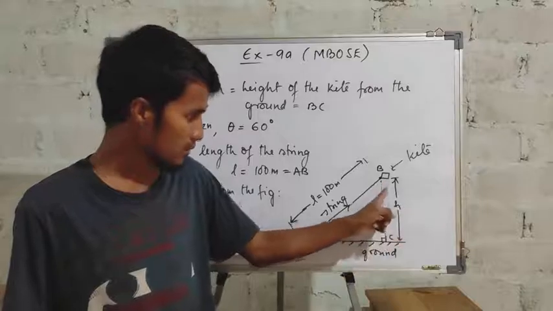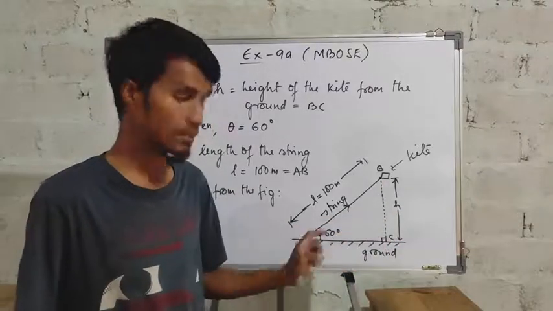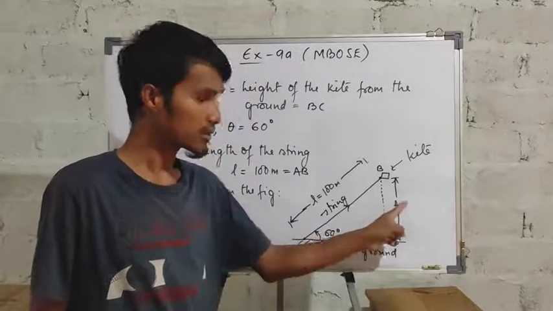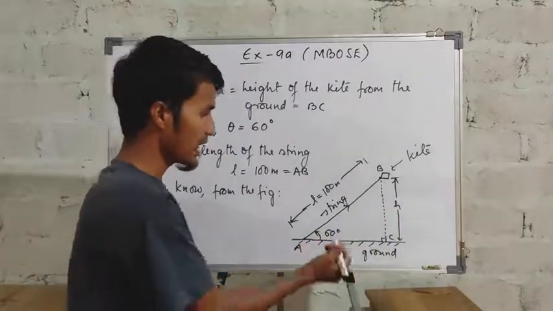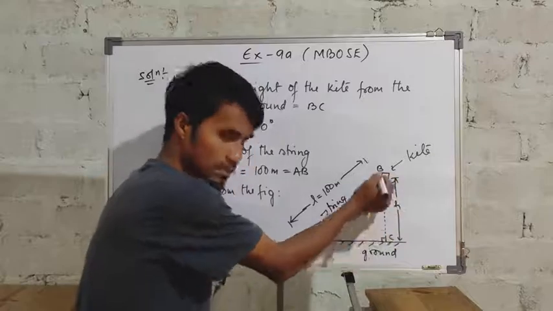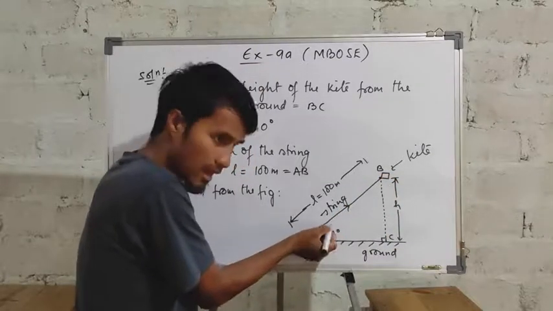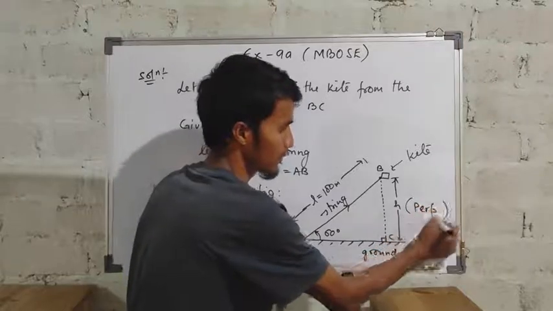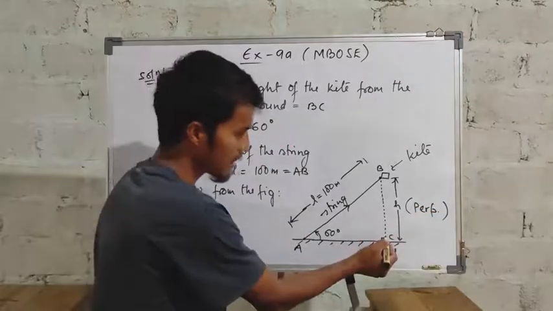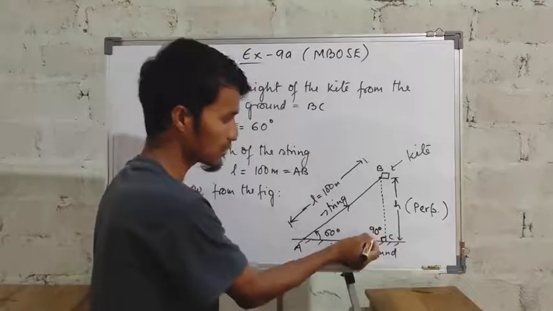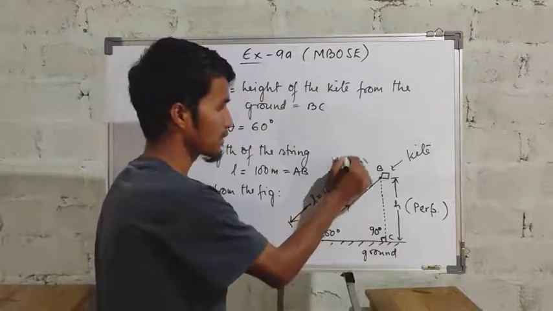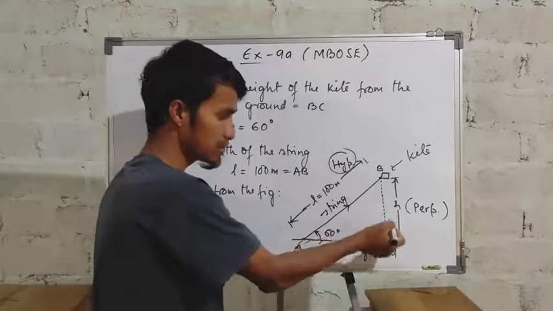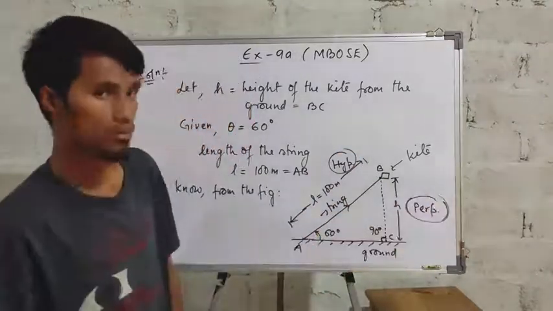According to this angle, this will be the perpendicular, because any side which is opposite to an angle is called the perpendicular. Any side which is opposite to 90 degrees is called the hypotenuse. So AB is the hypotenuse, and BC is the perpendicular.